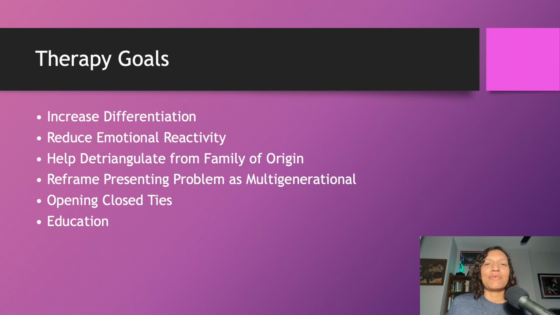I want to say politics, but not politics, because that might result in a lot of work that's needed. But if you've got a family that avoids conflict, part of the therapy and part of the goal would be, okay, instead of avoiding this conflict, how do we work through it in a healthy way?